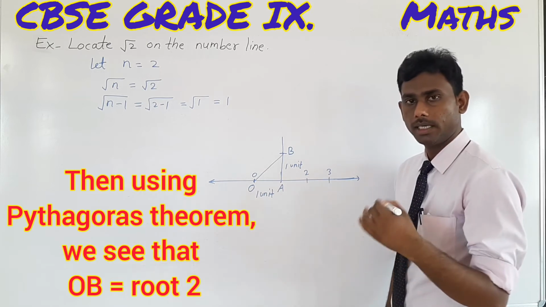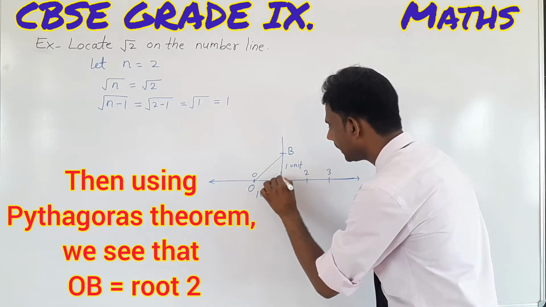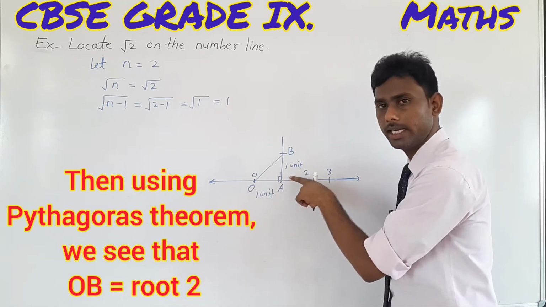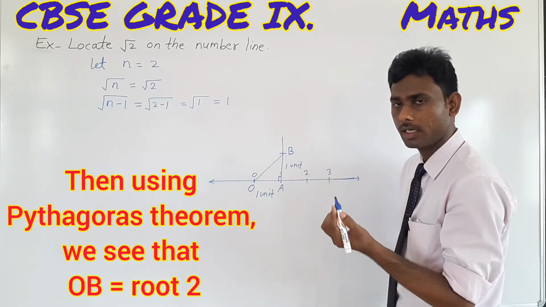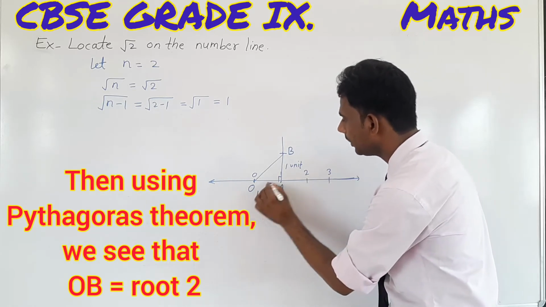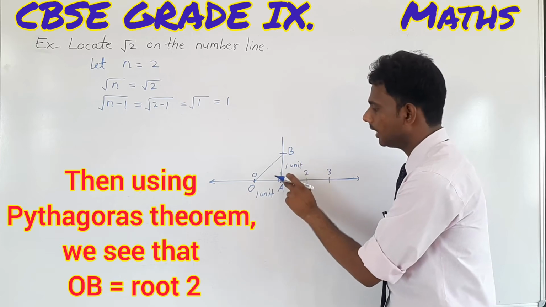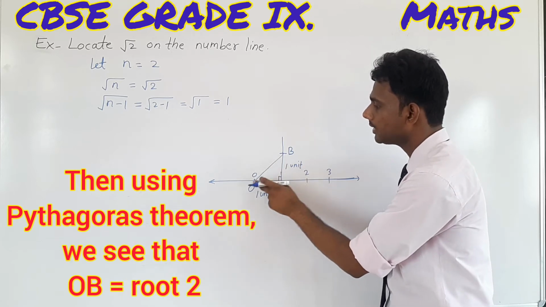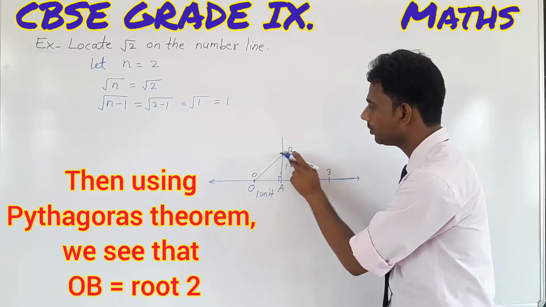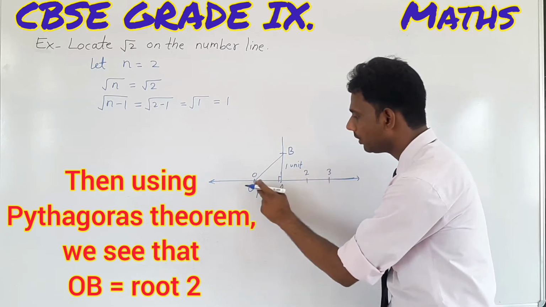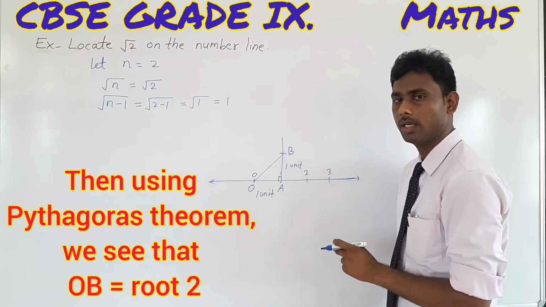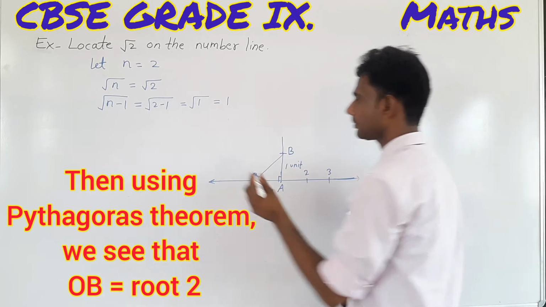Now using the Pythagoras theorem, this is perpendicular, so it will be a right angle. This is 1 unit and this is 1 unit.